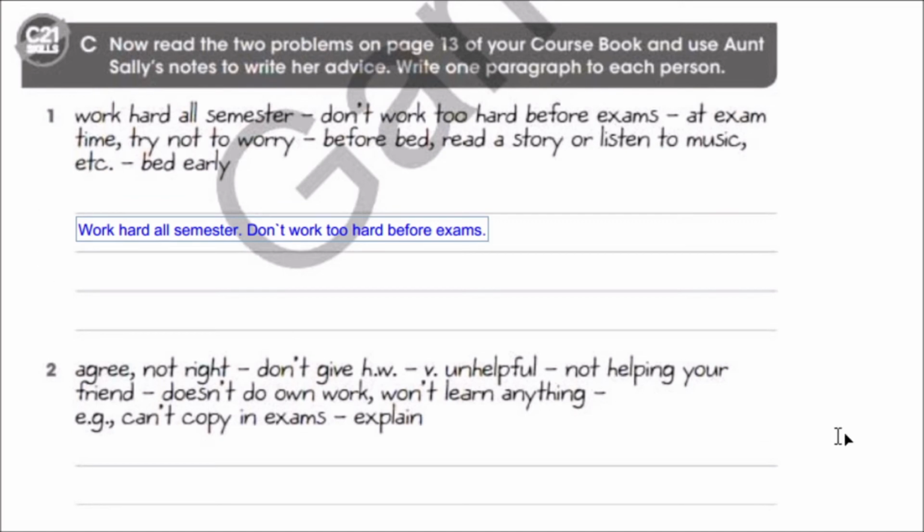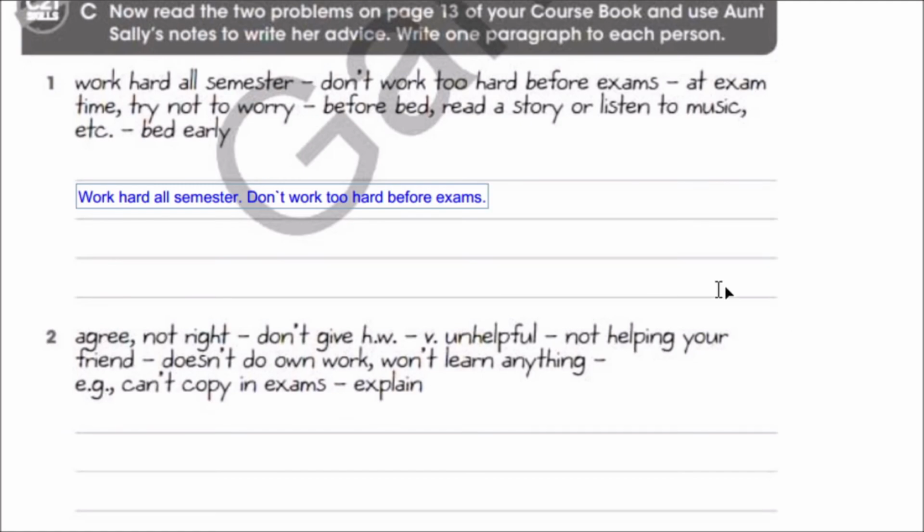This is one of the examples that you can use to write Aunt Sally's advice. Now, this is one of them. You can finish the rest on your own. Now, I'll give you another example for the second one.